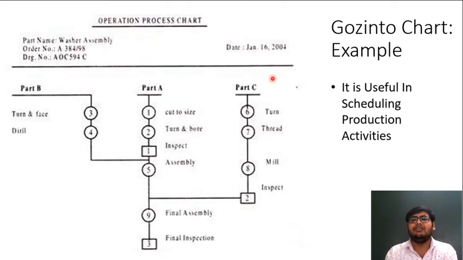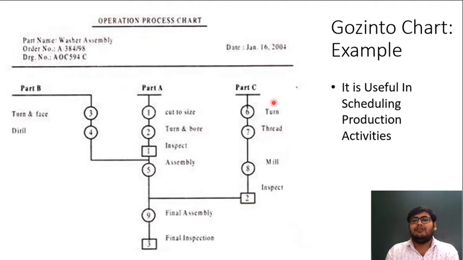What information will this Gozinto chart have? It will have the name of the part. Which assembly are we talking about? We are talking about the washer assembly. It will have an order number, other reference numbers, and a date on which we need to do this assembly, or on which date we have prepared this chart.